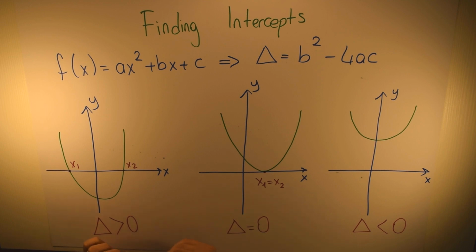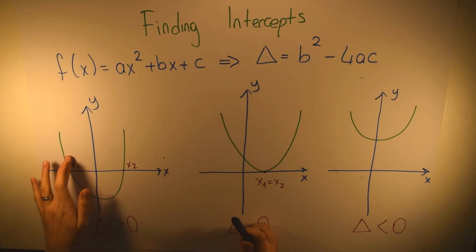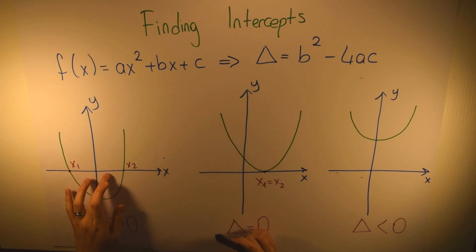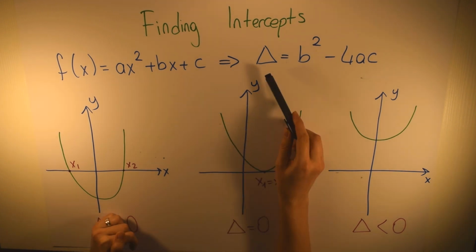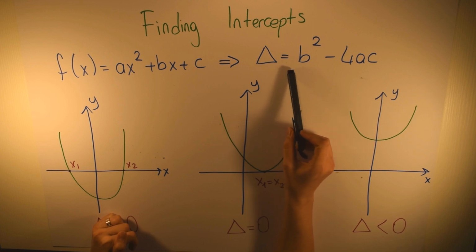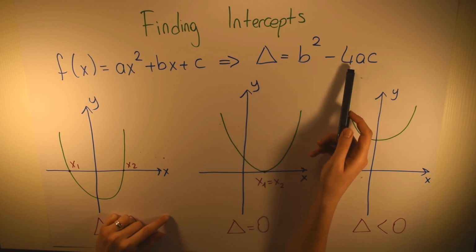And if you want to know whether you have 1, 2 or 0 x-intercepts, you need to check the value of the discriminant, right? As you can remember from our quadratic equation videos, the discriminant formula is b squared minus 4ac.